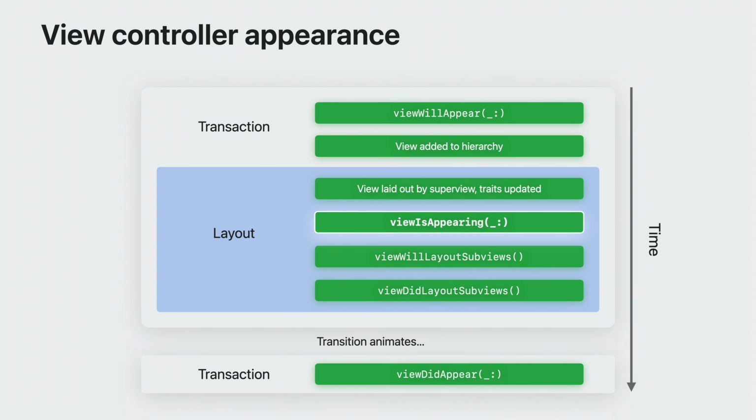But ViewIsAppearing is only called once during the appearance transition, and it still gets called even if the view doesn't need layout. This is why I like to think of ViewIsAppearing as the Goldilocks callback. It's not called too early or too late or too often. It is just right.